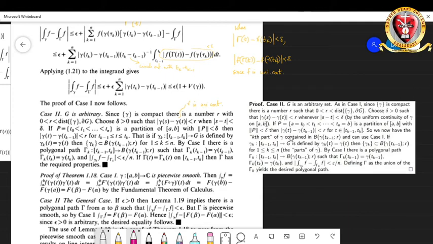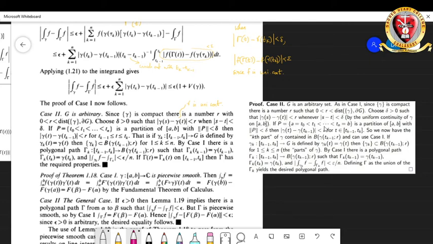Choose a delta greater than 0 such that modulus of gamma of s minus gamma of t is strictly less than r whenever modulus of s minus t is strictly less than delta. That is possible because this gamma will be uniformly continuous on closed interval AB. It is already continuous on compact sets, so it will be uniformly continuous.